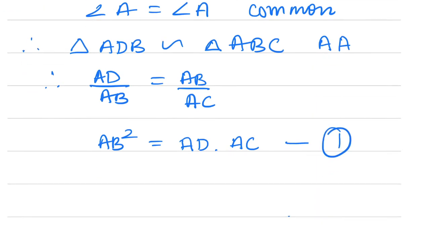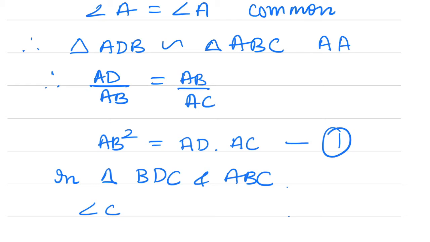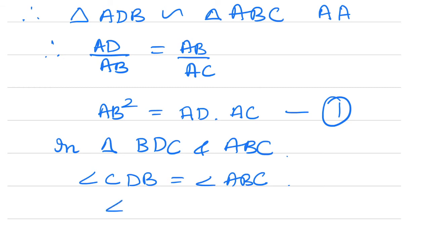Now second, we'll move to triangles. So in triangles BDC and ABC, here also we have angle CDB is equal to angle ABC, and angle C is equal to angle C. This is equal to 90 degree, and this is the common angle.